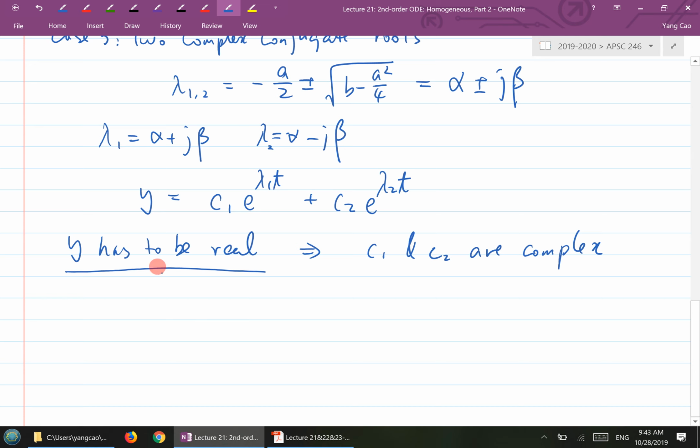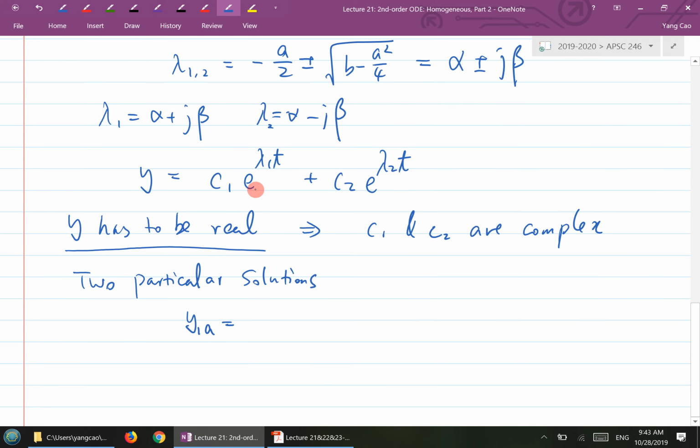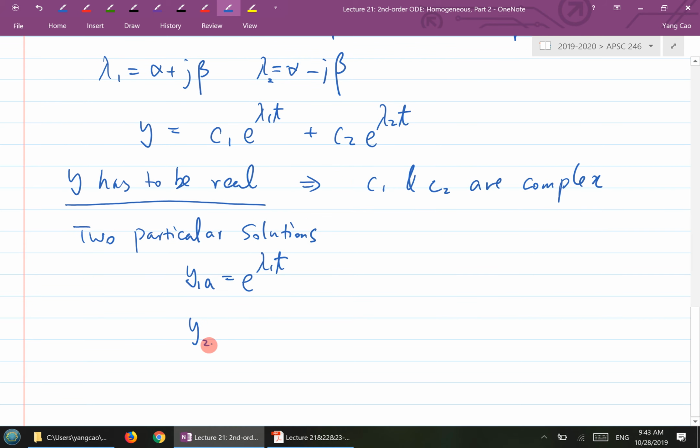If you look at this, we have two particular solutions. One is, let's call it y1a, which is e to the power of lambda 1t, and the other one is y2a, which is e to the lambda 2t. Those are the two particular solutions. Then you multiply by general constants C1, C2, and you get the general solution.